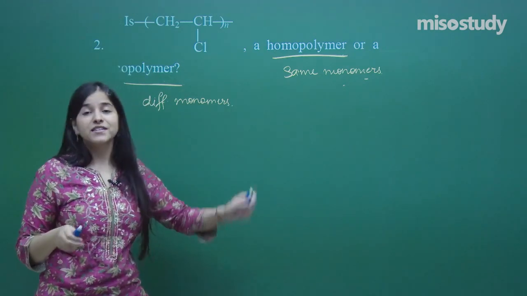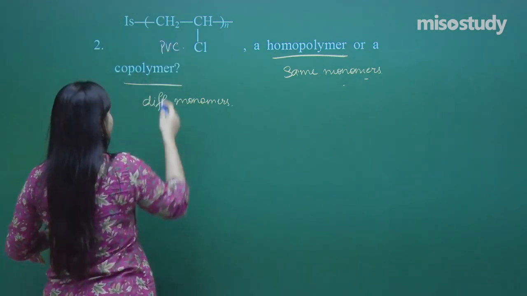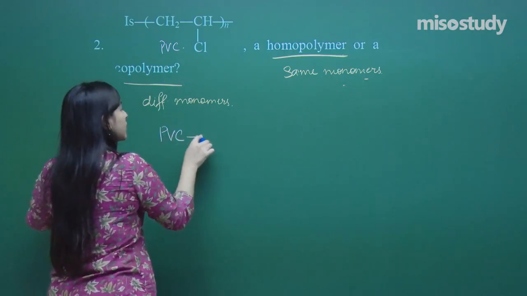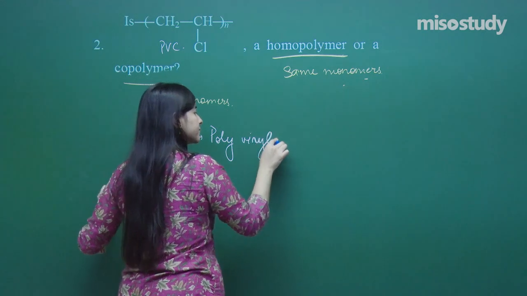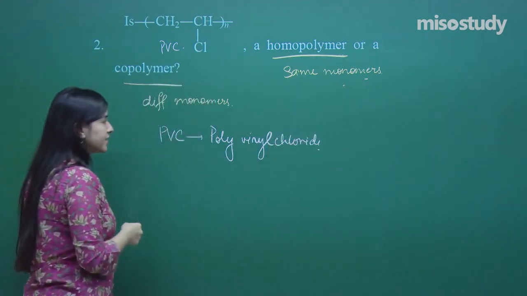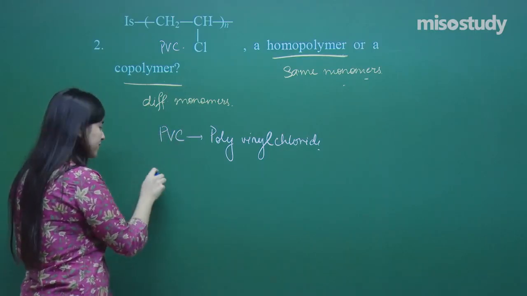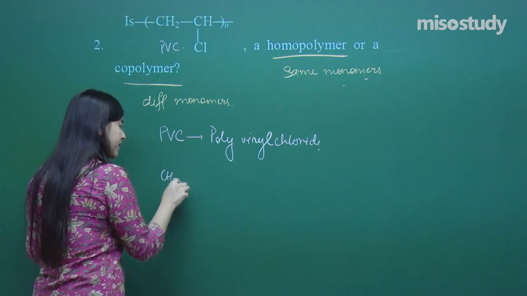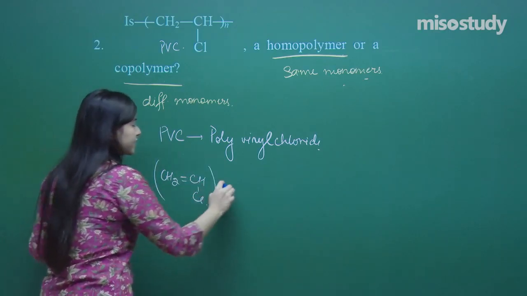So we have just discussed this example. This is PVC, the full form is polyvinyl chloride. And what is vinyl chloride? What is the basic monomeric unit of it? Let's try to form it. So this is vinyl chloride, and I need N units.